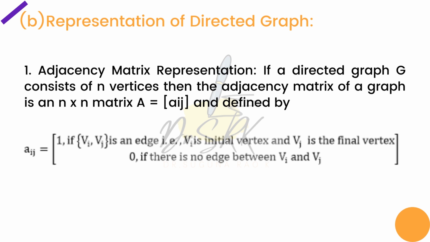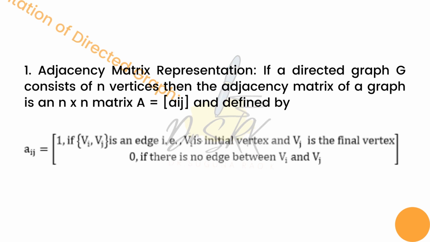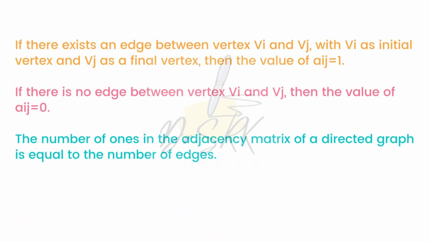Aij is defined as Aij equals 1 if ViVj is an edge, that is, Vi is the initial vertex and Vj is the final vertex. Aij is taken as 0 if there is no edge between Vi and Vj. There are some important points here.